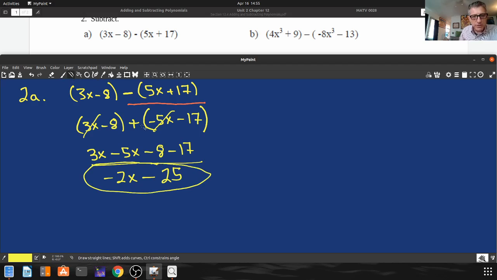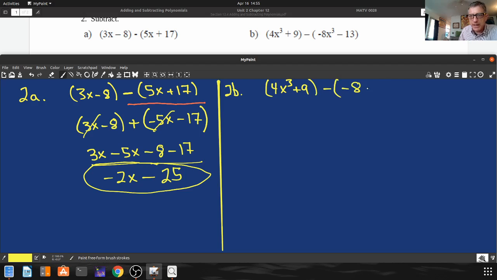Okay, for the next one. Let's do 2b. So I have 4x cubed plus 9 minus 8x cubed minus 13.